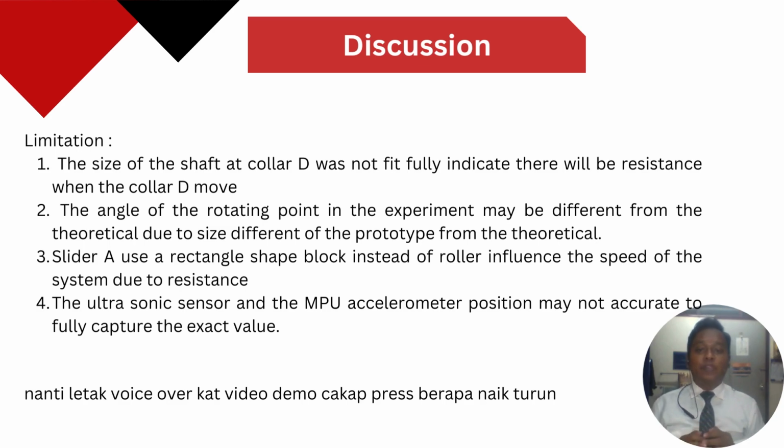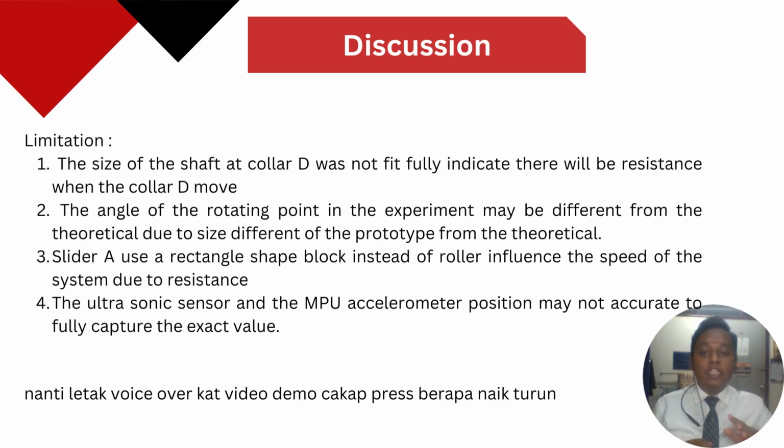Next, we proceed to the limitations of the project. Firstly, the size of the shaft at collar D did not fully fit, which indicates there will be resistance when collar D moves. Secondly, the angle of the rotating point in the experiment may be different from the theoretical due to the size difference of the prototype from the theoretical.